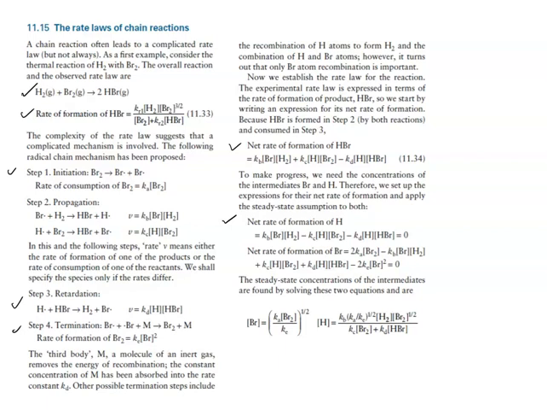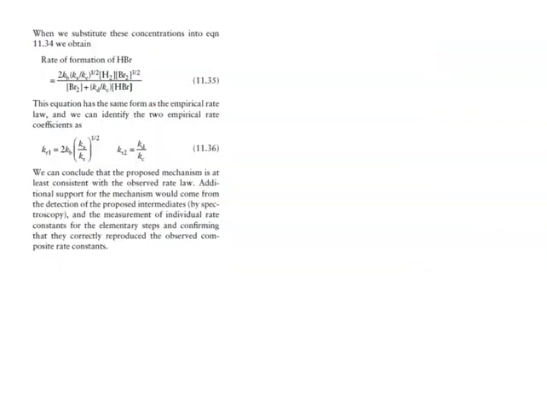The steady state concentrations of the intermediates are found by solving these two equations and are as follows. When we substitute these concentrations into equation 11.34, we obtain a rate of formation of hydrobromic acid, which looks like this relatively complex rate expression.